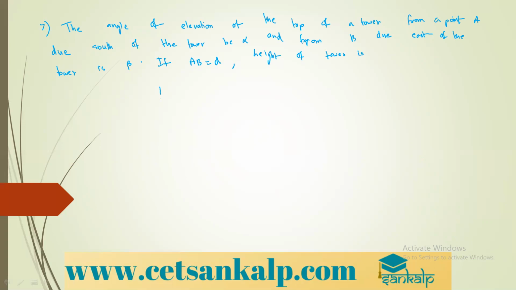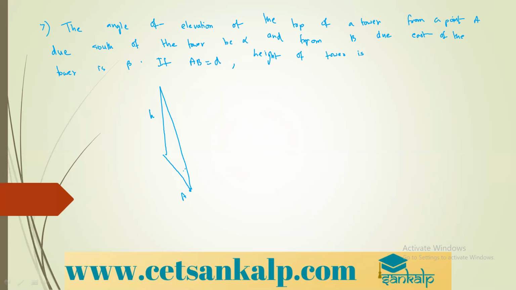So first of all, this is the tower. Height of the tower we don't know, we have to find. On the south, there is a point A. From A, you are seeing the top of the tower.